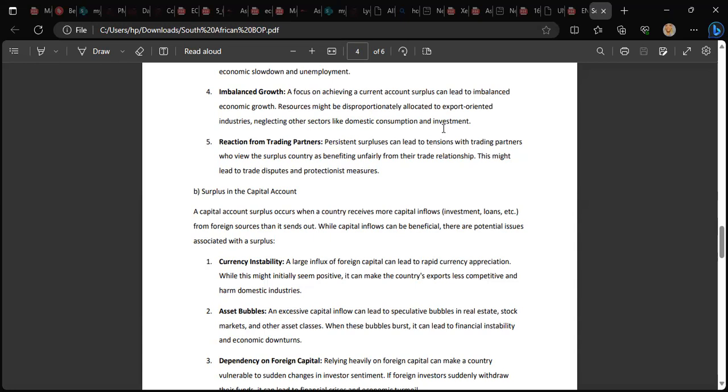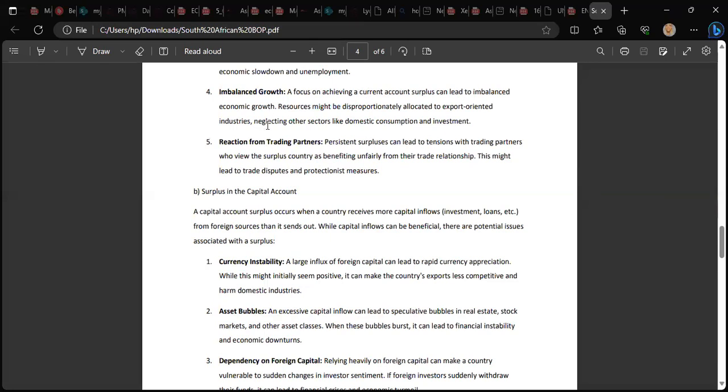You find that that industry is going to grow, but other industries are going to be struggling. This is what we are referring to as imbalanced growth. Imagine doing all that merely to achieve the current account surplus.